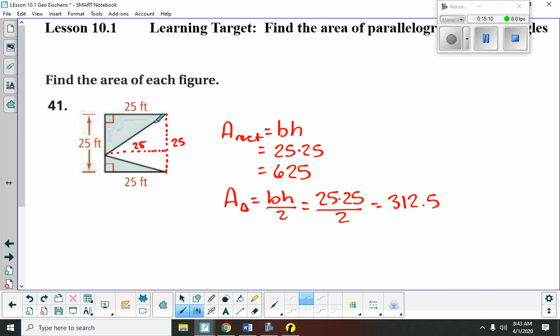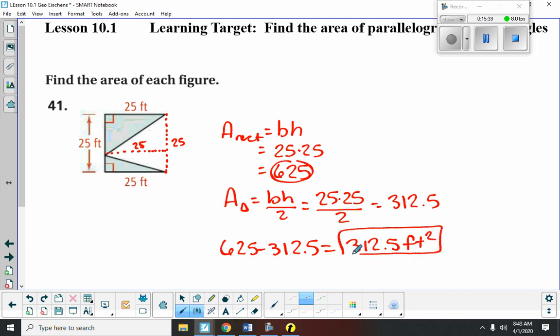So this 625 is the area of the whole thing, and the 312.5 is the area of this triangle. So what we want to do is subtract the area of the triangle from the whole thing. What's left will be the shaded part. So 625 minus 312.5 is equal to 312.5, and that would be area, so it's feet squared. And there is your answer.